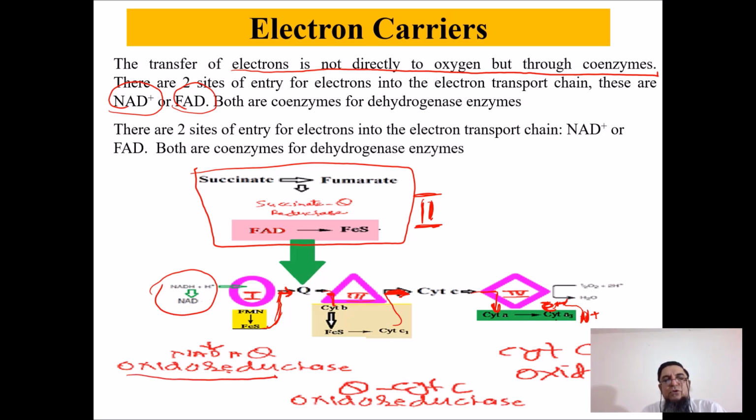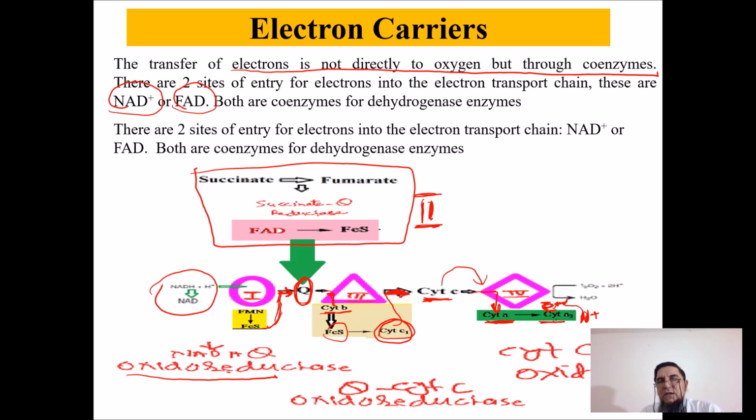The hydrogen is given to complex 1, which contains FMN and FeS. The electrons are transferred to complex 1, and then FeS will transfer these electrons to coenzyme Q. From coenzyme Q it goes to complex 3, which is cytochrome B, iron sulfur, and cytochrome C1, then from cytochrome C1 to cytochrome C, and then from cytochrome C to complex 4, which is cytochrome AA3.